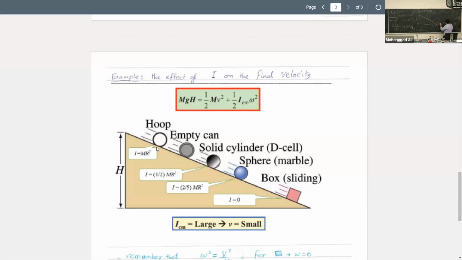Now, this energy will convert to kinetic energy, which is two parts. One of them is kinetic energy linearly, plus kinetic energy rotationally. The box, the block, its rotational kinetic energy is 0.